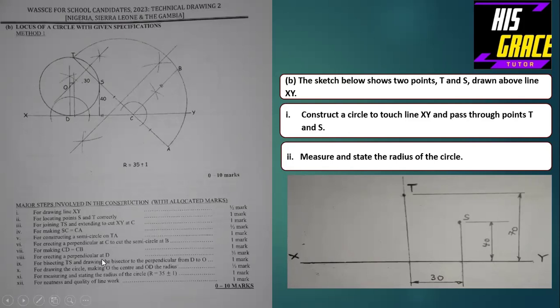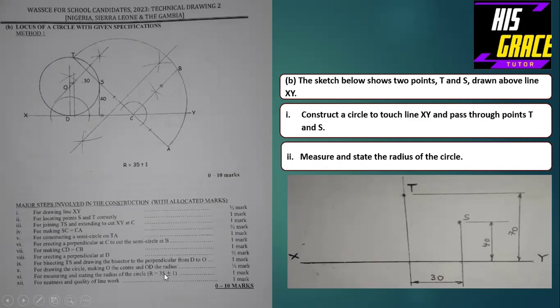For erecting a perpendicular at D, half mark. For bisecting TS and drawing the bisector to meet the perpendicular from D at O, 1 mark. For drawing the circle, making O the center and OD the radius, half mark. For measuring and stating the radius of the circle, that is R = 35 ± 1.